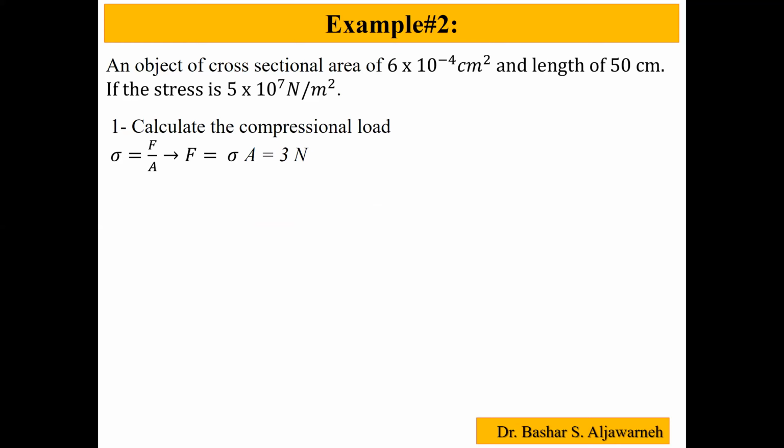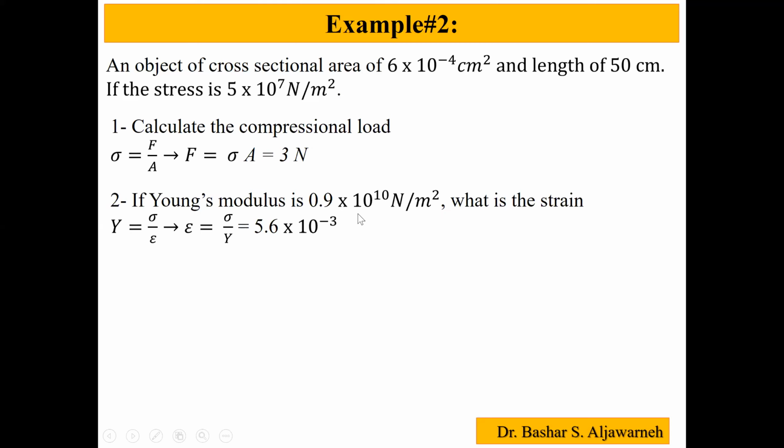Epsilon equals delta L divided by L. So L, or the original length, is given, but the change in length is unknown. But the question says Young modulus is given. So we know Young modulus, Y or E, equals stress divided by strain. So from here, strain is sigma, the amount of stress, divided by Young modulus.